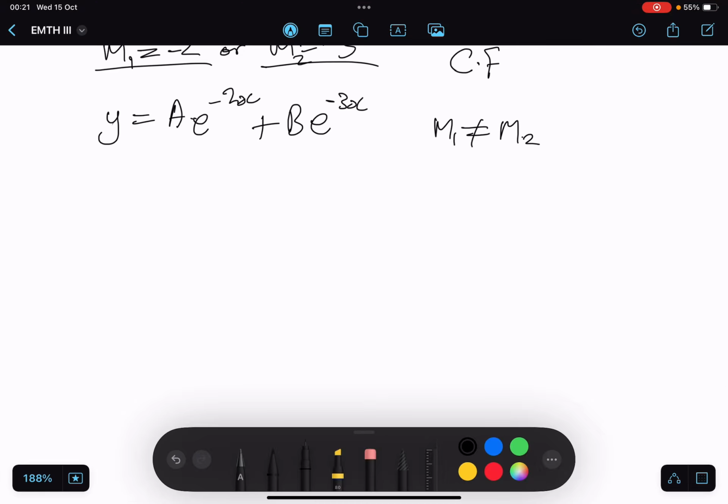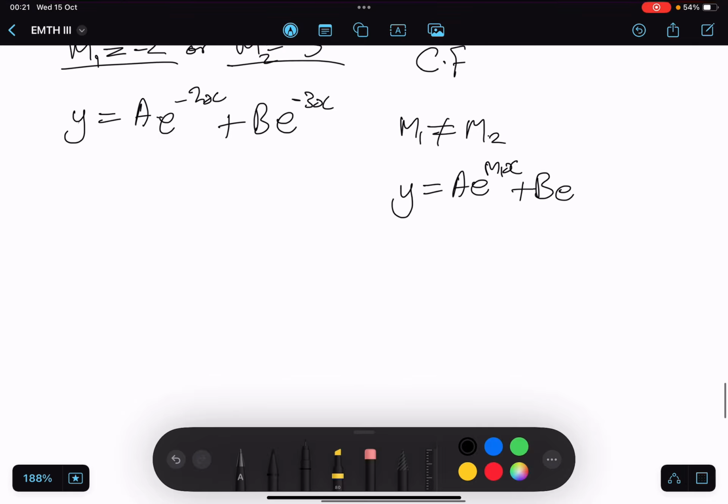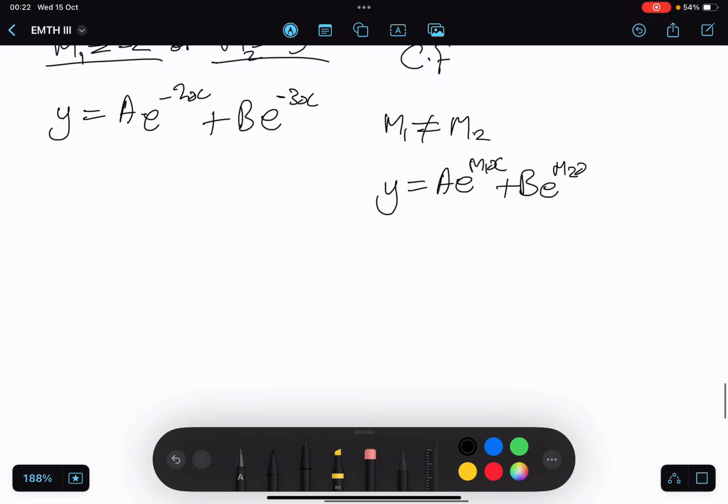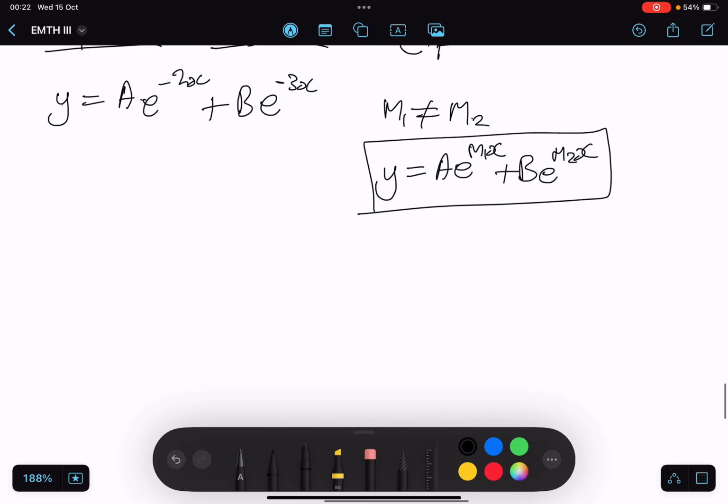If m1 is not equal to m2, the function is y = a e^(m1 x) + b e^(m2 x), where a and b are constants. So this is the function that we use.